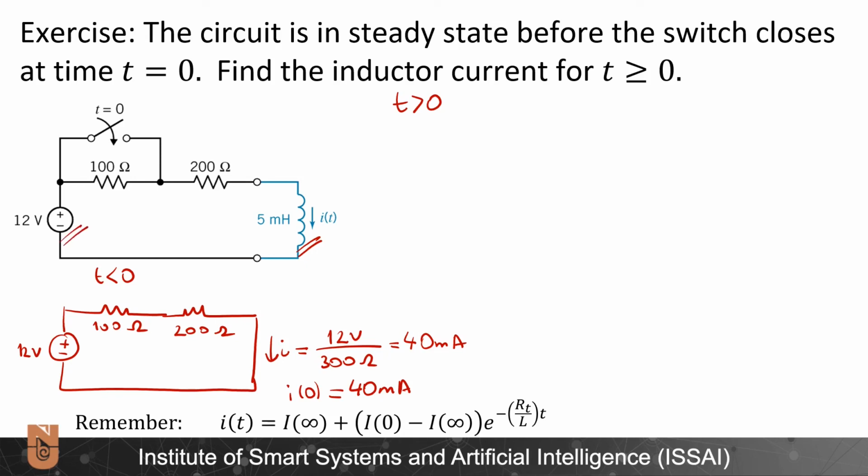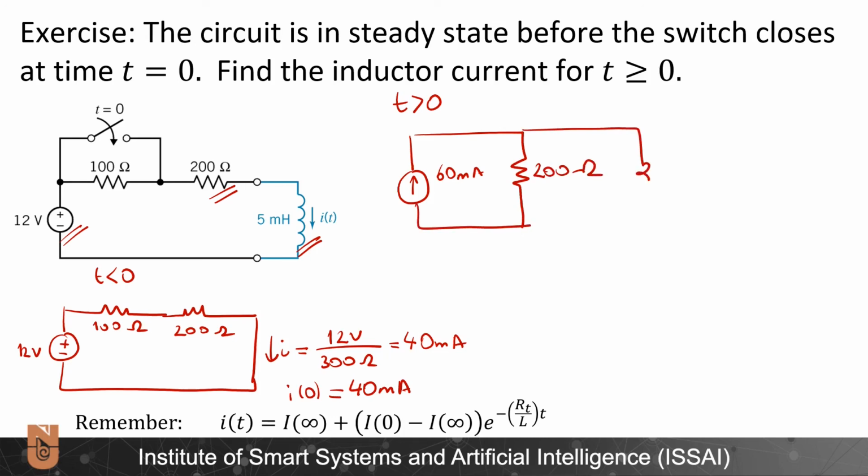I will have 12 volts here and 200 ohms there, so the source transformation will give 12 volts over 200 ohms, 60 milliamperes, in parallel with 200 ohms, and in parallel to these, my inductor, which has the 5 millihenry value. Now, I infinity, which is equal to I short circuit, will be equal to 60 milliamperes.